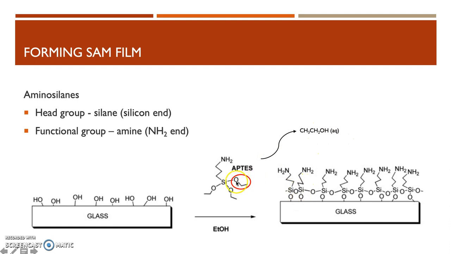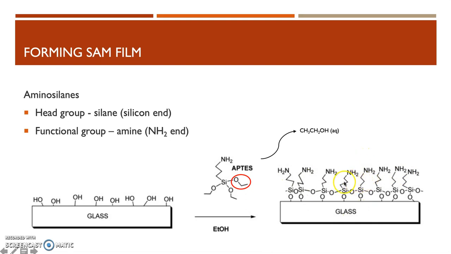Now, the silicon could bind in multiple places on the glass, or it could bind to other silicons through oxygen. But we're going to get a nice, hopefully ordered system where the silicon is all covalently bonded to the glass, and the amino groups are pointing up.